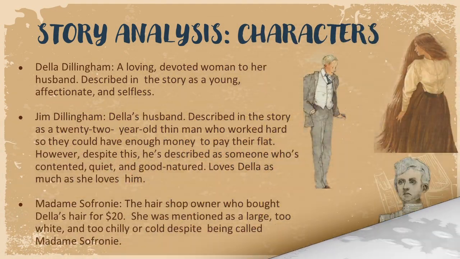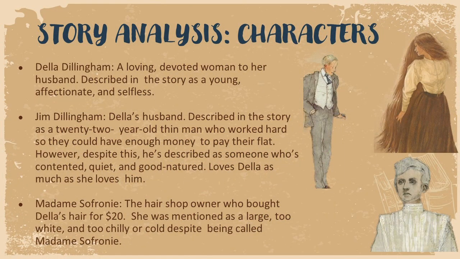Let's deal with the characters of the story. We have there Delia Dillingham. She is a loving, devoted woman to her husband, described in the story as young, affectionate, and selfless. We also have there Jim Dillingham. He is Delia's husband, described in the story as a 22-year-old thin man who worked hard so they could have enough money to pay their flat.